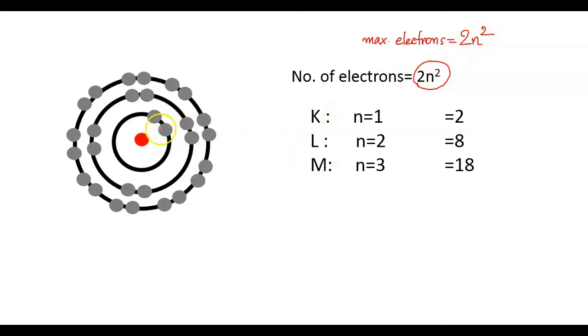Suppose in the K shell, you know that this is a main shell, that is K, L, M, N, these are the main shells. In the K shell the n value, that means the energy value of the K shell, is 1. So while applying the n value here, 2 into 1 square, you will get 2. Therefore the maximum electrons that can be held by the K shell is 2.